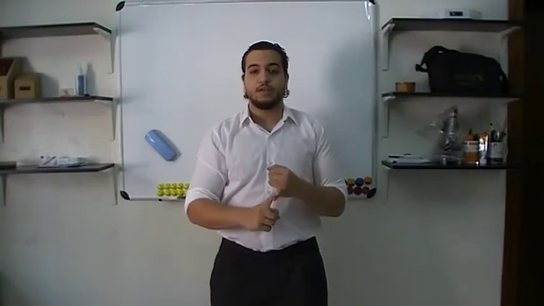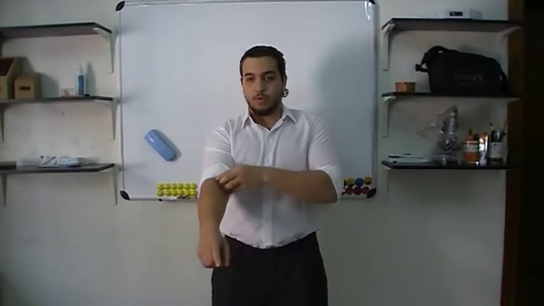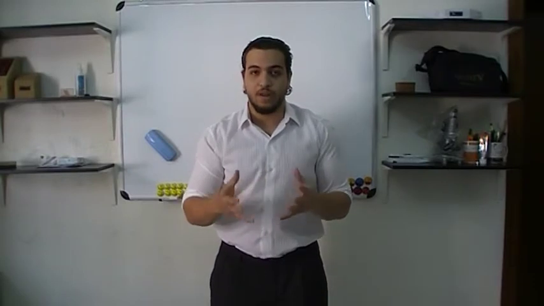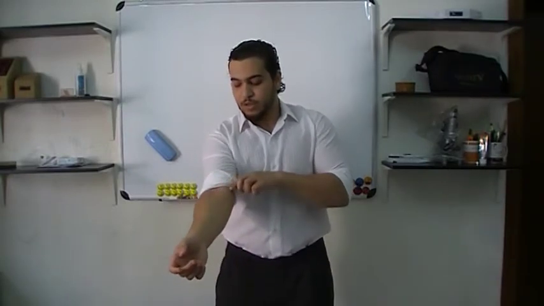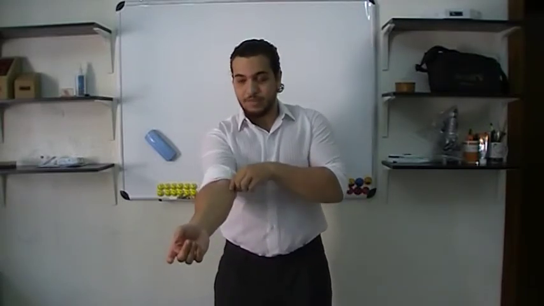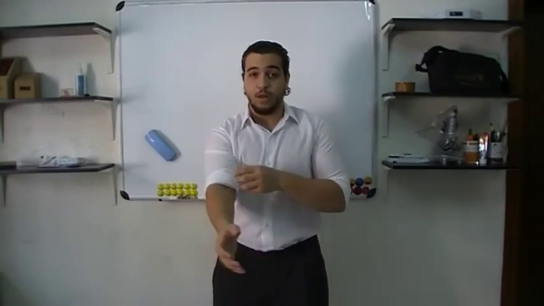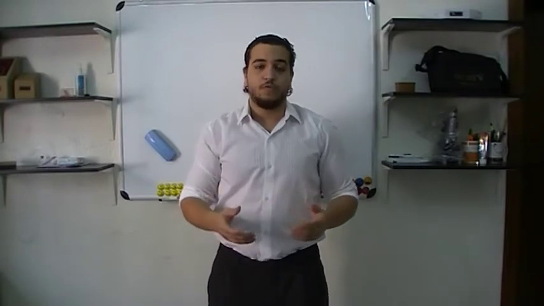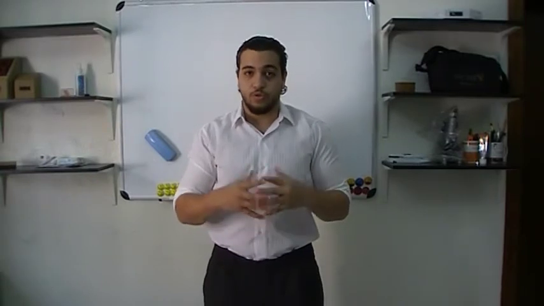So the cephalic communicates with the median cubital vein in the cubital fossa and joins the basilic vein. So the cephalic comes from here, communicates with the median cubital vein and joins with the basilic vein. Okay, so this vein is very well known, because they usually withdraw blood from that vein. It's most superficial and it's most common for withdrawing blood.